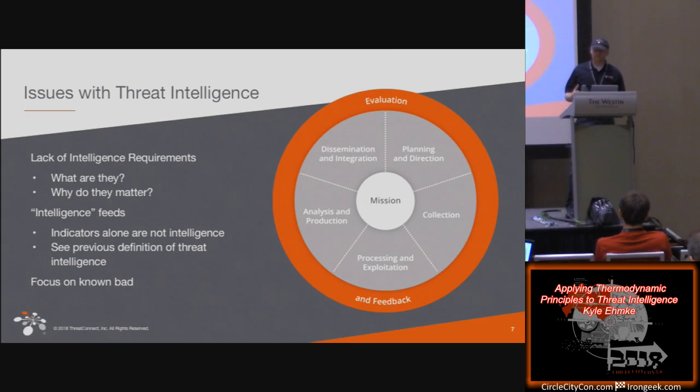What you're left with when you're focusing on known bad is playing whack-a-mole with indicators that possibly aren't even being used in operations by the time that you hear about them.